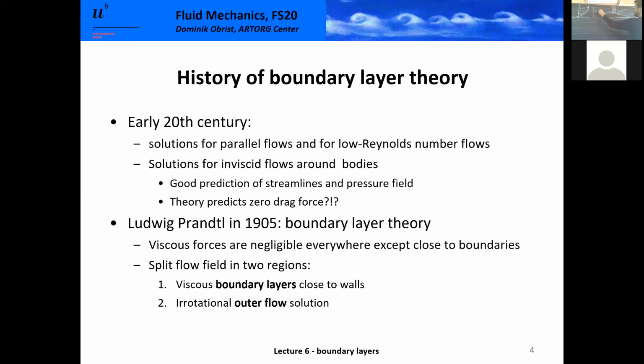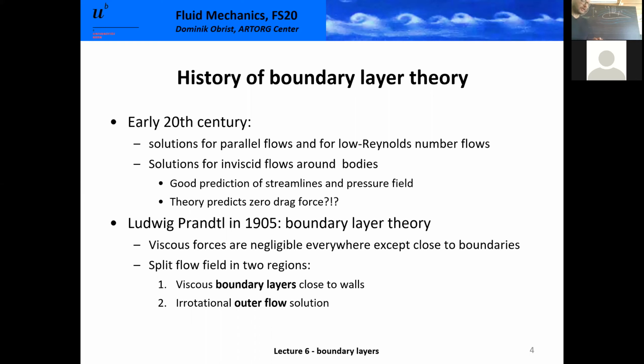And they used this theory of inviscid flows. They were even able to compute lift forces on wings. So they could compute how much lift you had on an airfoil.